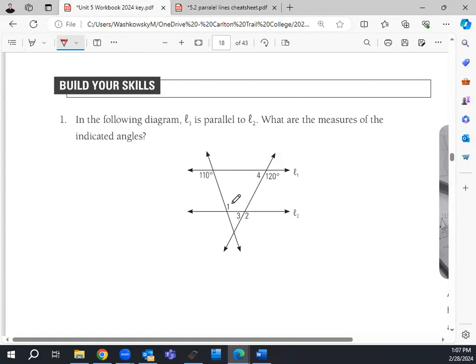So if I'm looking at angle 1 here, again, there's a bunch of different ways you could go about this.